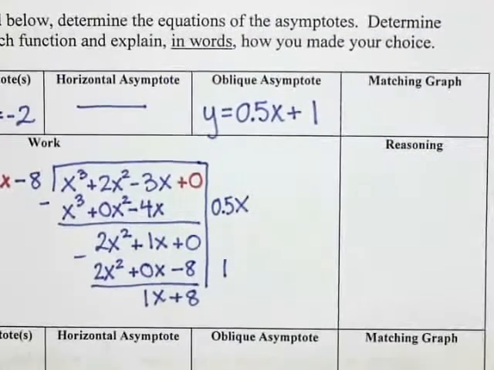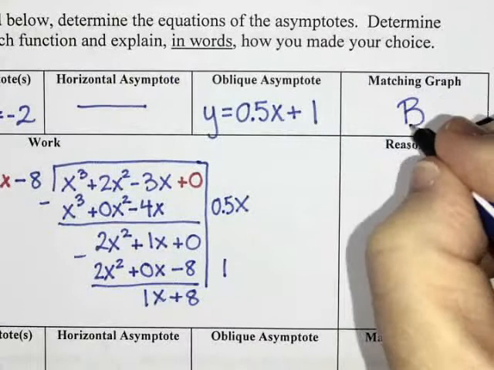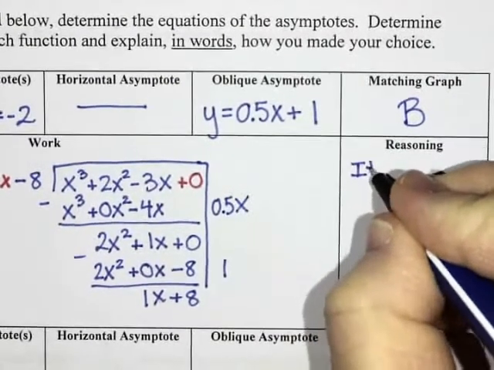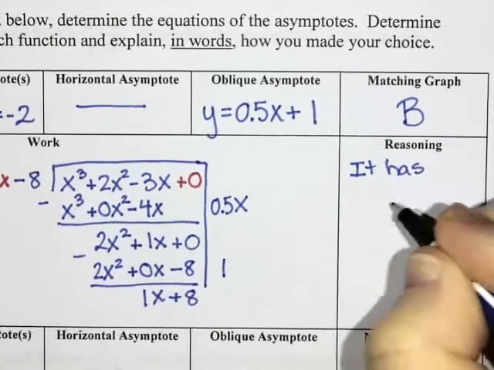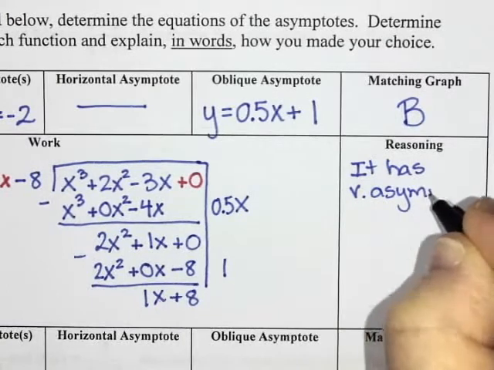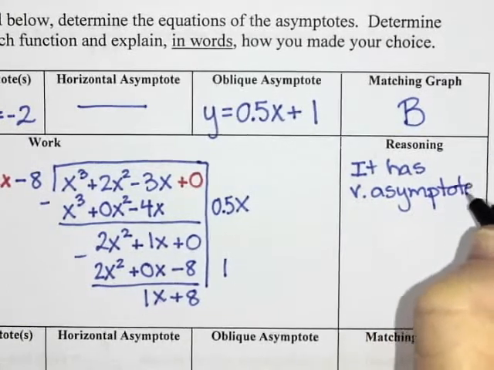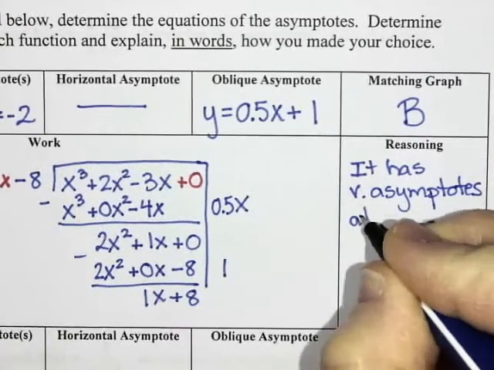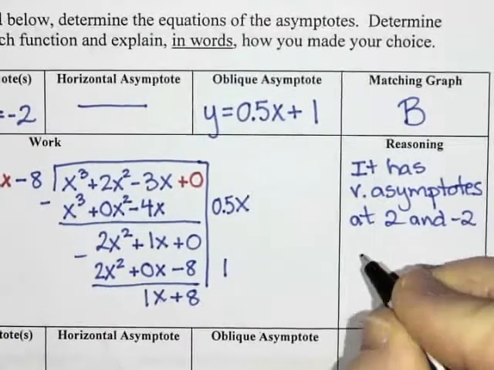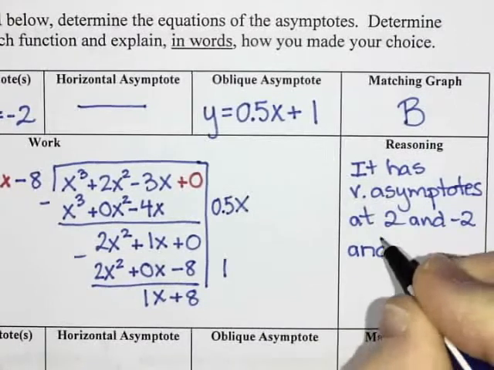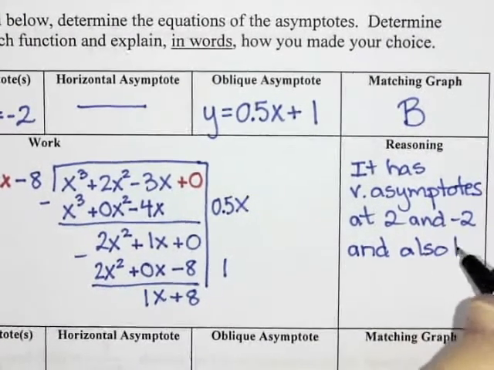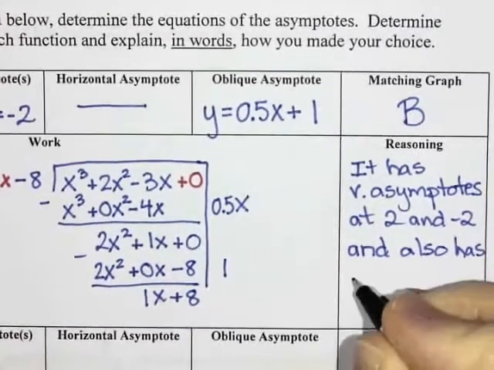I'm going to say my matching graph I believe to be B. My reasoning: it has vertical asymptotes at 2 and -2, and also has an oblique asymptote.